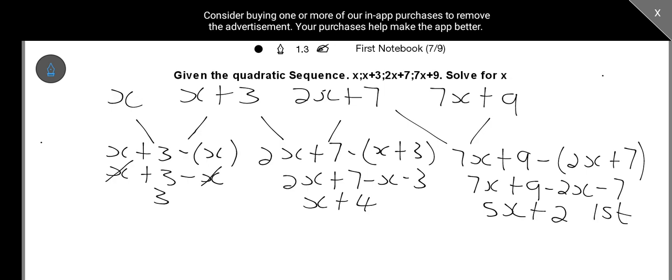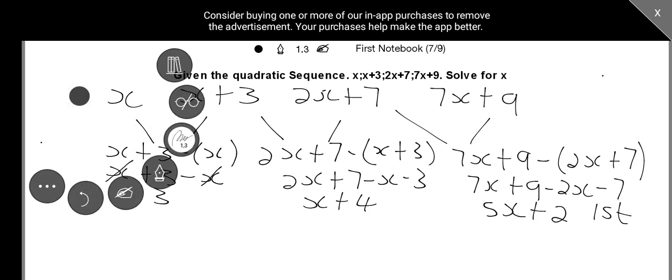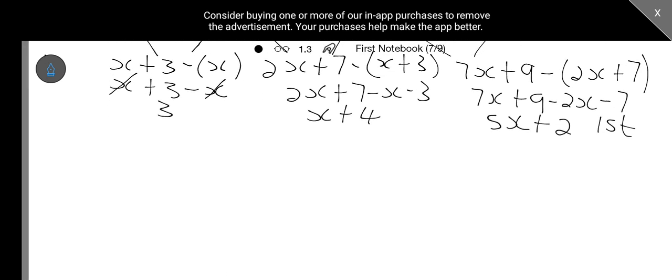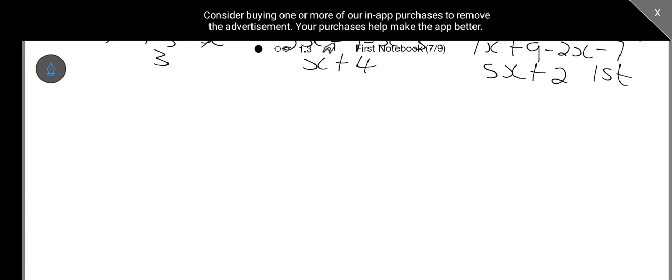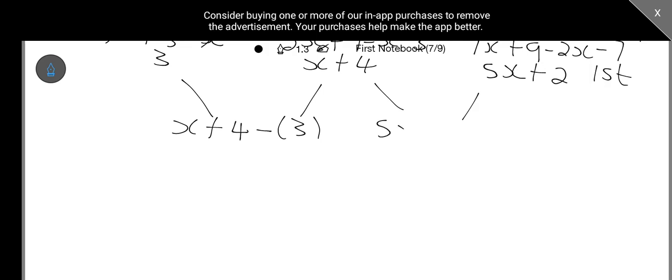Now, from the first differences, we are going to come up with the second differences. We are going to say x plus 4 minus, we're going to plug the 3 inside the brackets, and we're going to say 5x plus 2, we're going to minus x plus 4. We must put the entire of it inside the bracket. Then x plus 4, negative sign times positive 3 gives us negative 3.